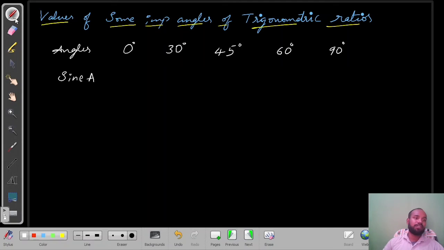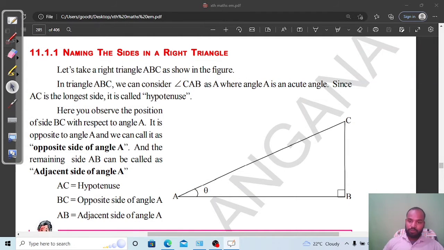So see here. With reference to angle C, what is opposite?